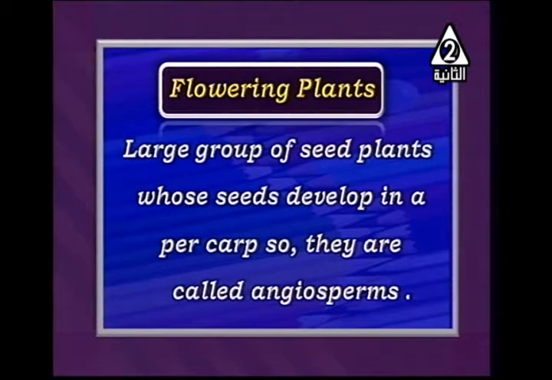Again, they are a large group of seed plants. The seeds are developed and formed inside an envelope. We call it the fruit envelope or pericarp. So they are called angiosperms. Angio here means covered, and sperm means seeds.